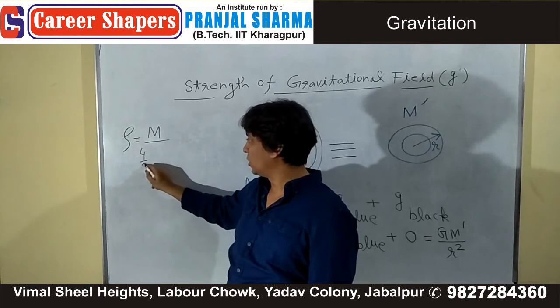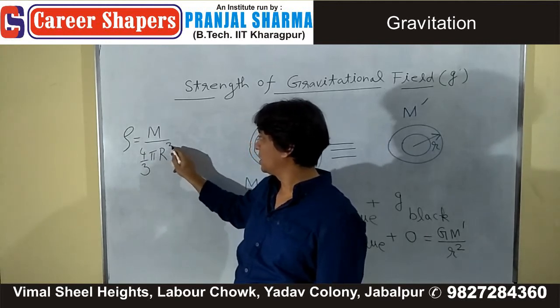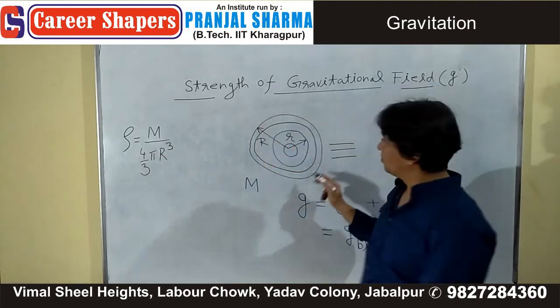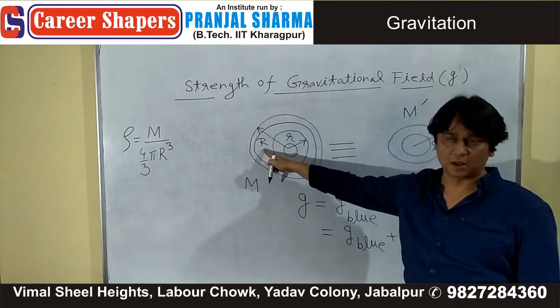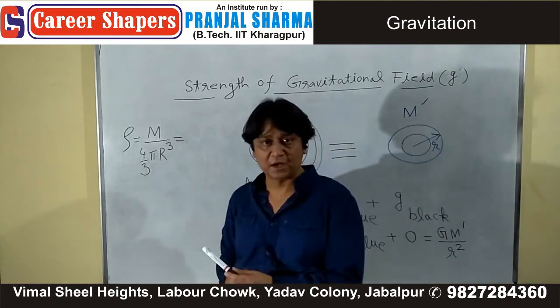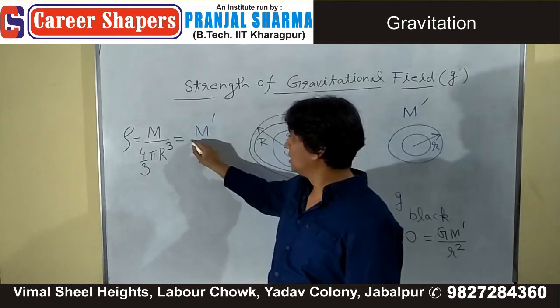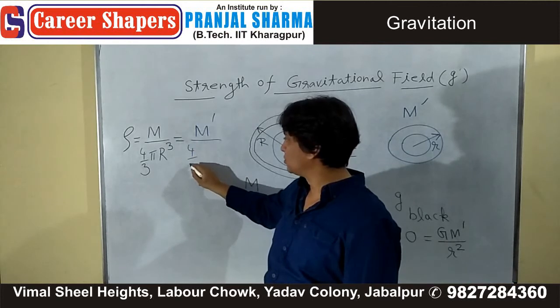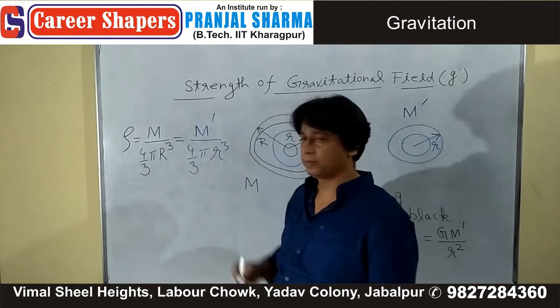What is the original volume of the body? 4 by 3 pi R cube. Mass of the whole body is M. Its radius is R. But after removing black layers, we have got mass m dash and its volume is only 4 by 3 pi r cube.